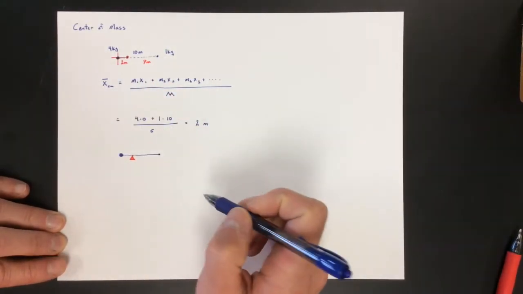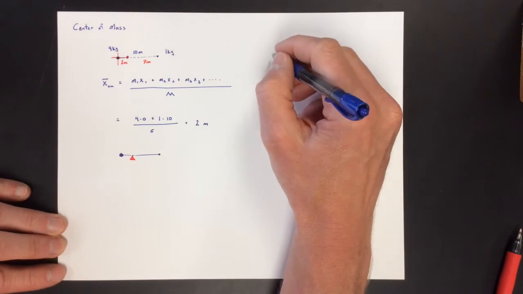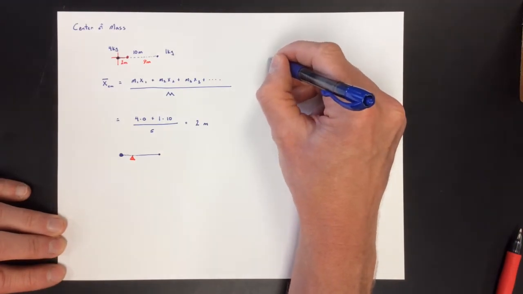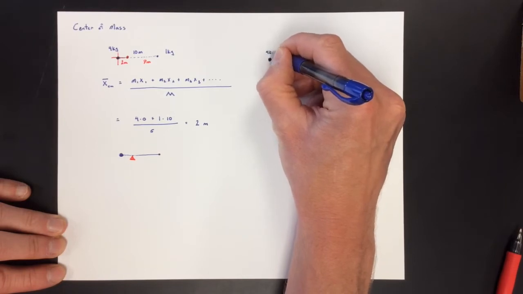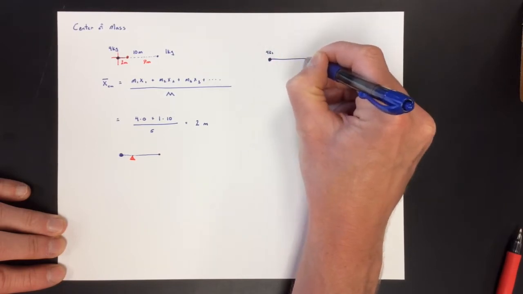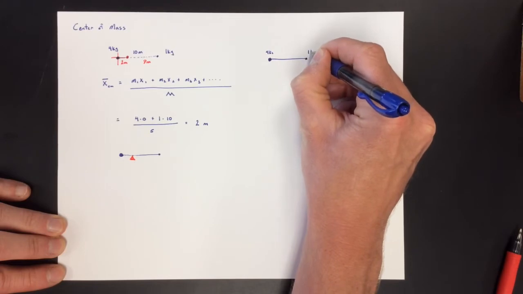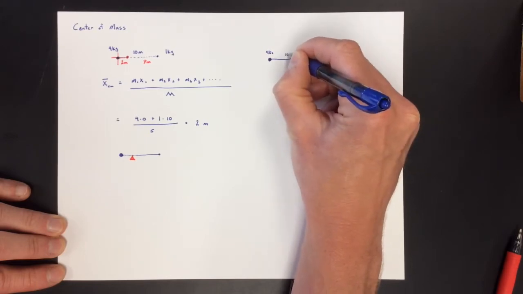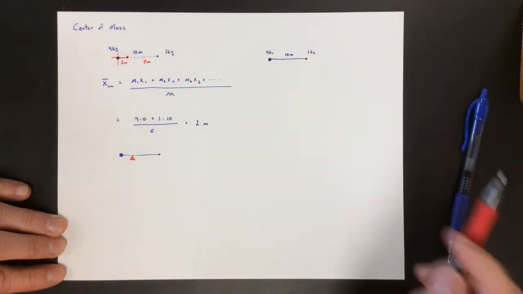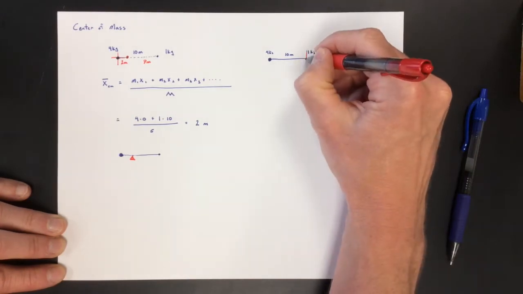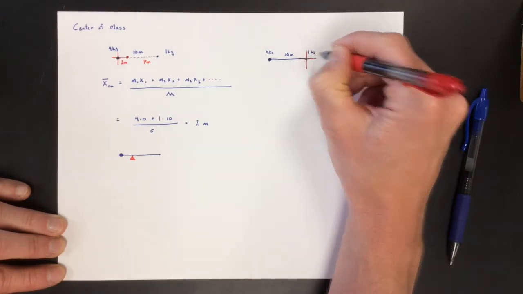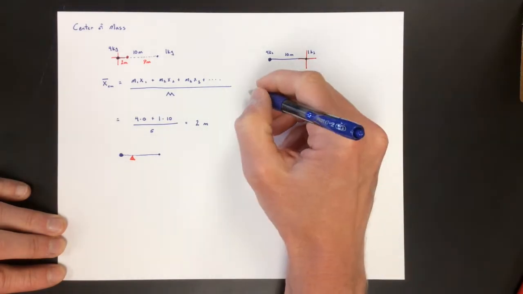I want to prove to you that the coordinate system choice doesn't matter. So we'll take the same situation, 4 kilograms, 1 kilogram, 10 meters away, except now, let's say this was our coordinate system. I'll follow that same format.